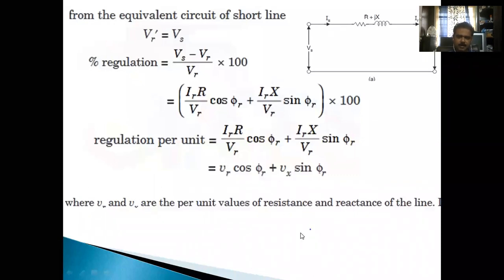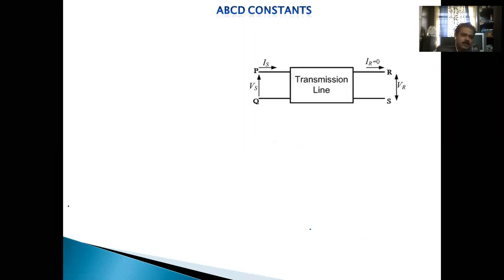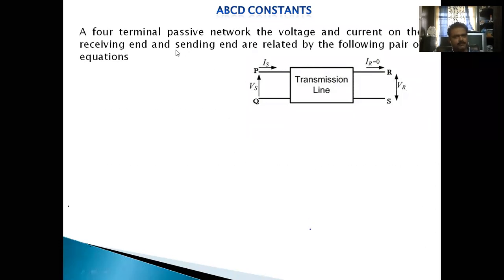The next step is representing it using ABCD constants. ABCD parameters are also termed as transmission line parameters. The transmission system is nothing but a transmission line, with sending end current, sending end voltage, receiving end current, and receiving end voltage, a total of 4. For this 4-terminal passive network, the voltage and current at the receiving and sending ends are related by equations.